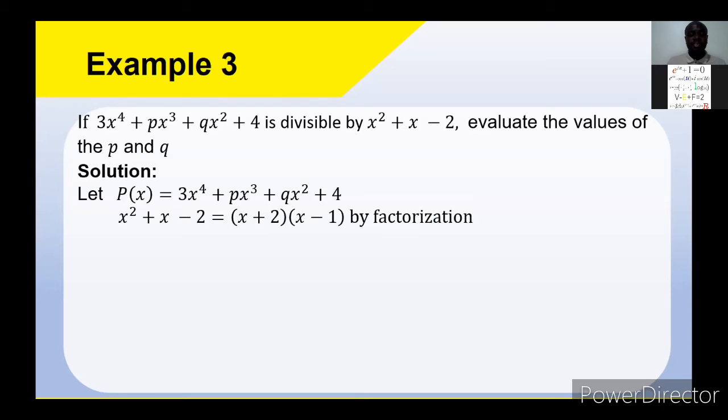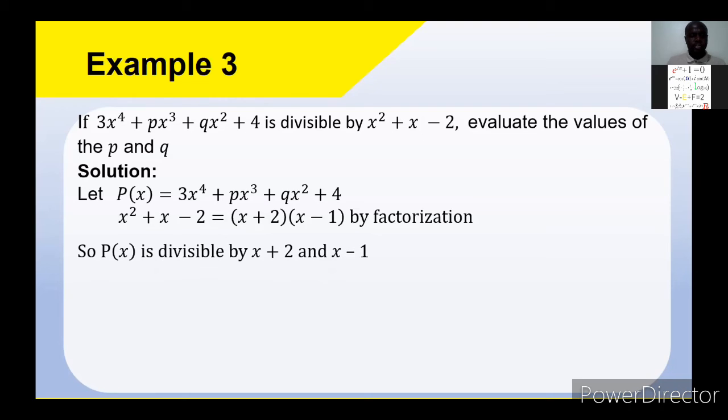This is a simple factorization. So this will factor to x plus 2 times x minus 1. Once we put it like this, it becomes much easier already. Right now, you should be jumping with joy because you are now seeing something that you are very familiar with. So let us continue.